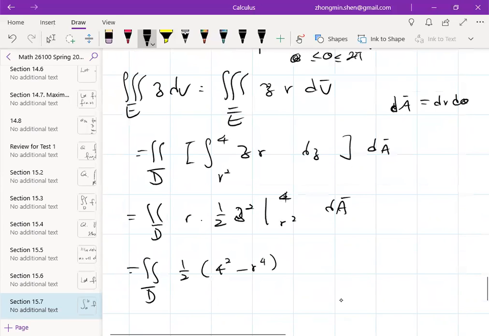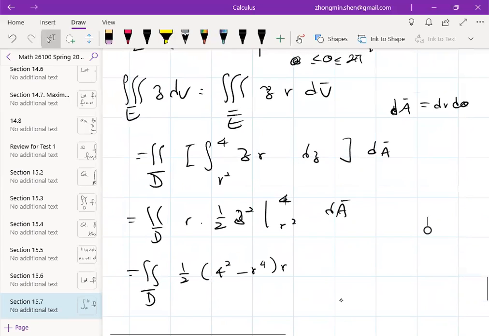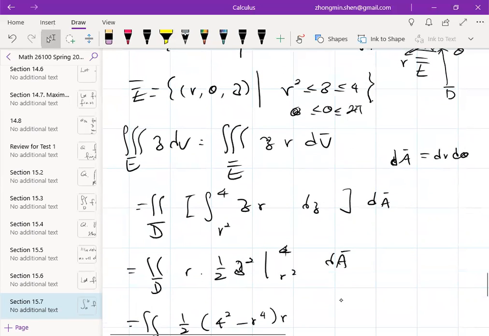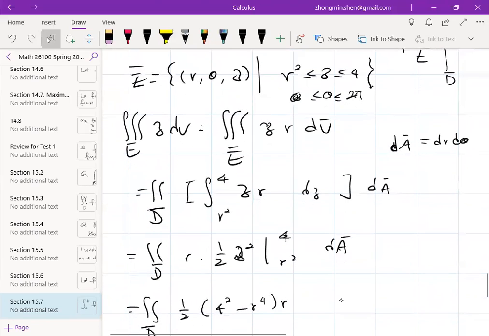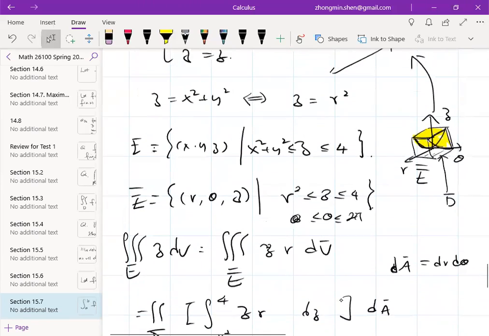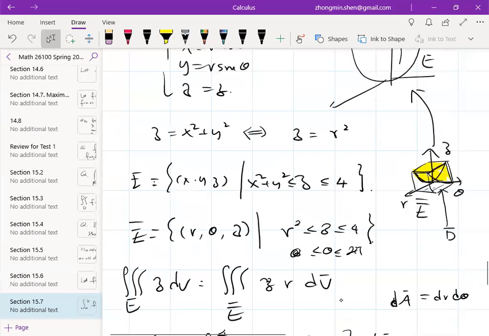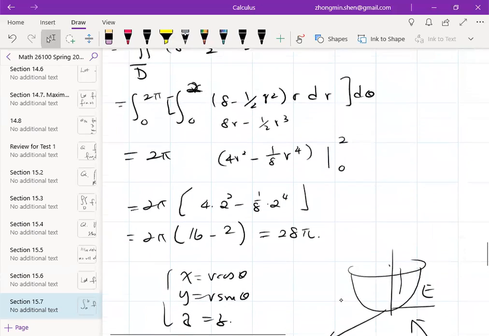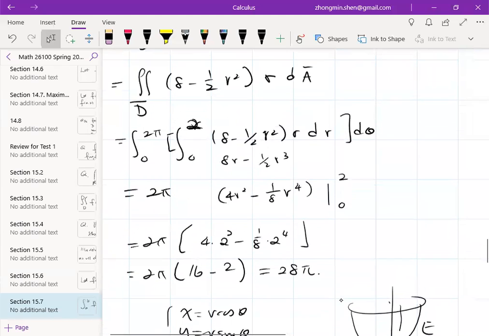Right, and then we have r. Wait a minute, we have r to the 4th power. Did I make a mistake somewhere before? Okay, I'm going to double check. I'm trying to see. Yeah, let's go back to here.